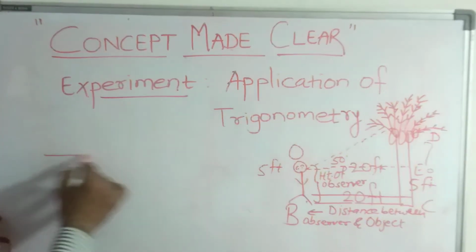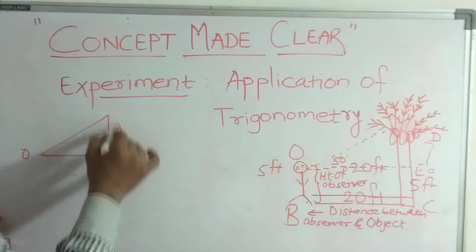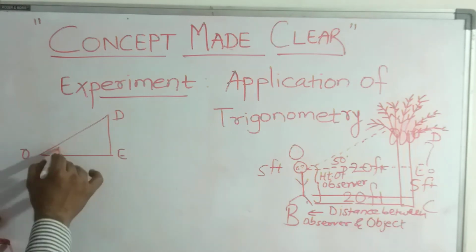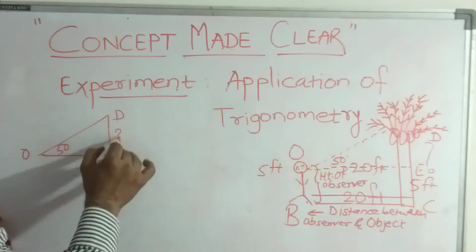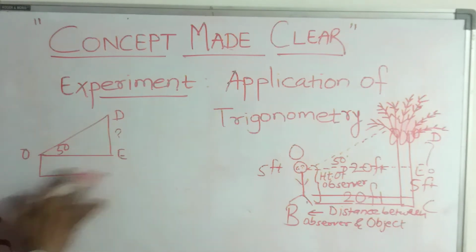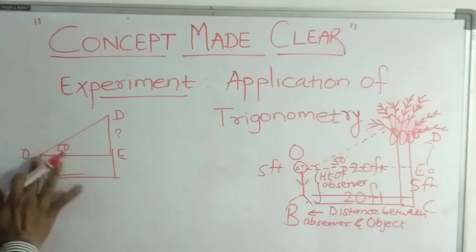In triangle OED, this is 50 degrees, and this height you have to find out. The figure is like this. We'll just simplify this part.